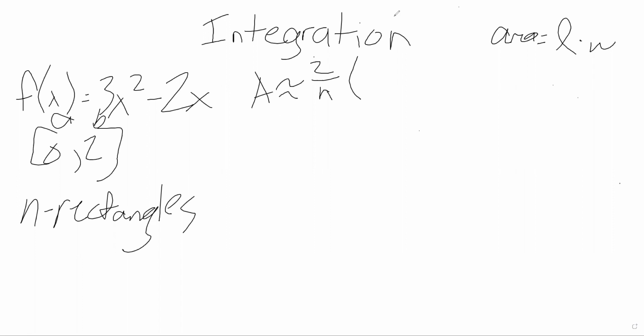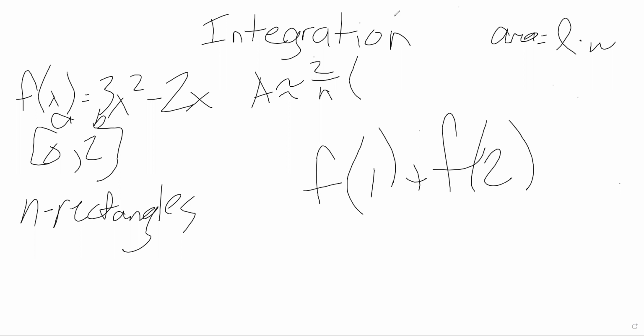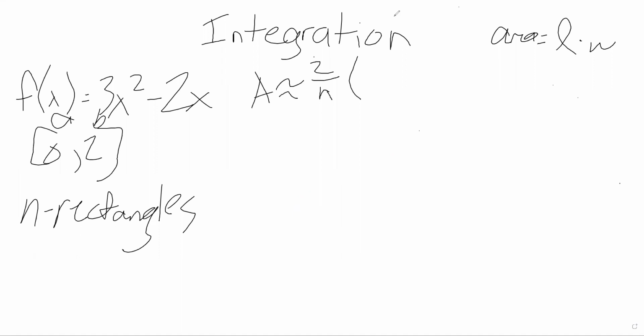Our base width times the f of our first value plus f of our second value plus f of our third value and so on, like we did in the last one. But the trick is that we don't have f of 1 plus f of 2 because we don't have x values like that, but we do have base widths. So we can follow this idea that the first one is going to be f of this base width.